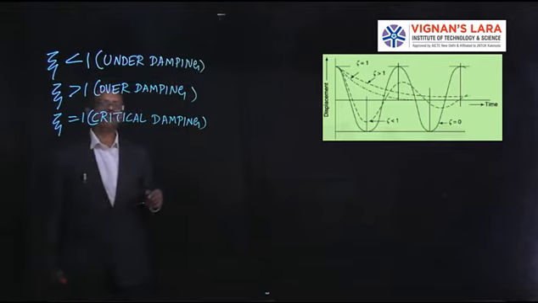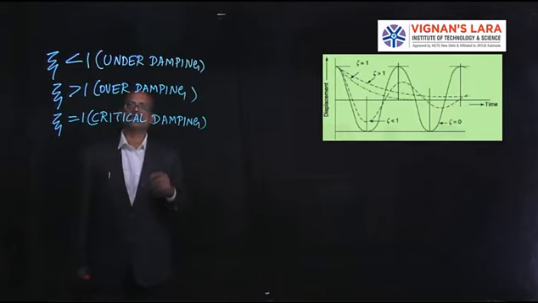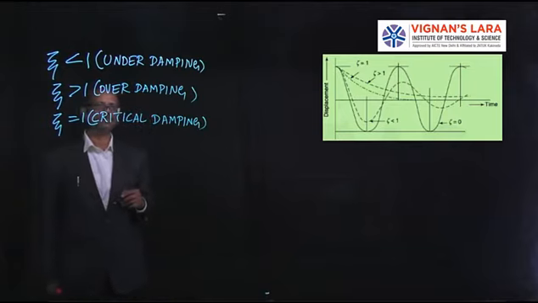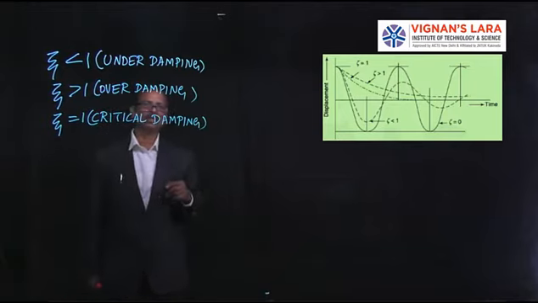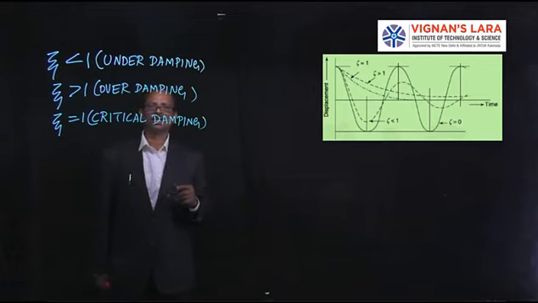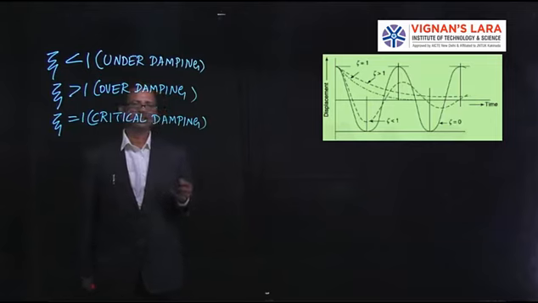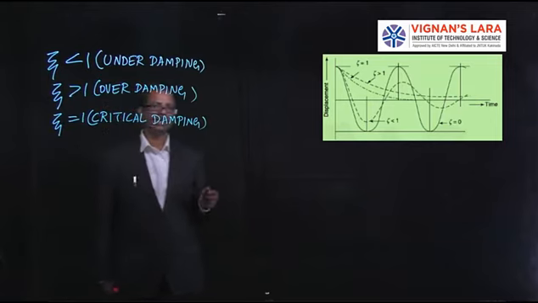In these three cases, where do you get periodic nature and where do you get aperiodic? What is periodic and what is aperiodic? Periodic is one which continuously undergoes a vibration that repeats every time.